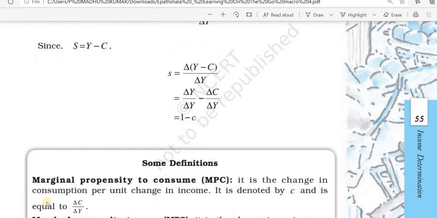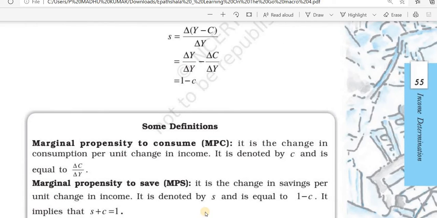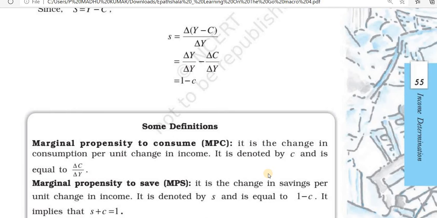Marginal propensity to consume means the change in consumption per unit change in income.